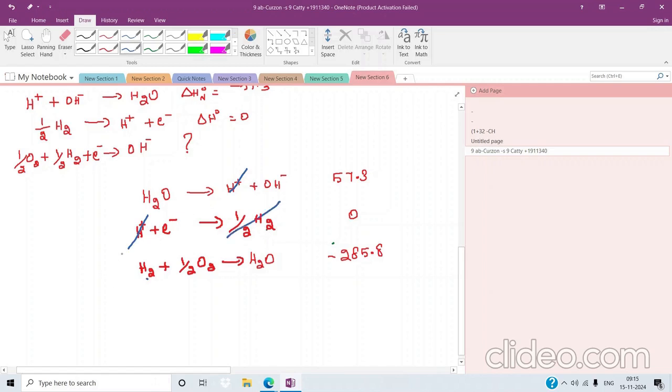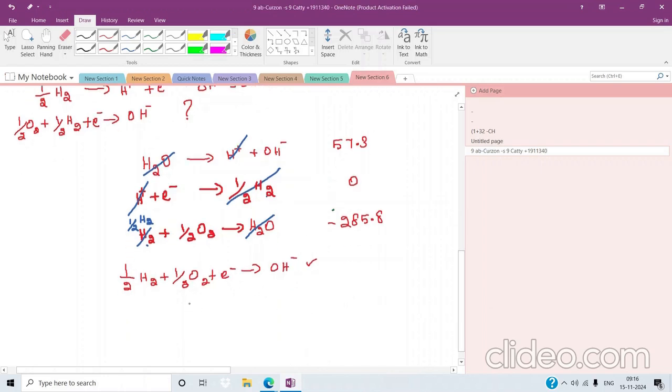So half H2 will be cancelled and half H2 will remain. And half O2 is already there, H2O and H2O cancelled. After adding those equations, I am getting the exact equation that I need. Half H2 is remaining, half O2 is remaining, the electron is remaining, and OH minus on the right hand side will remain. So after adding, I'm getting our needed equation, right?